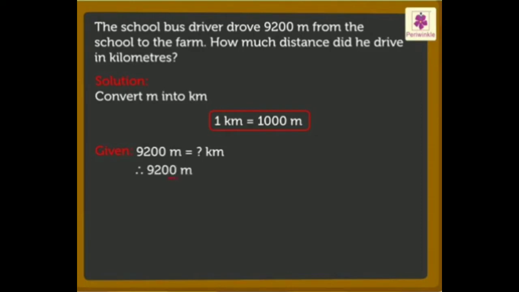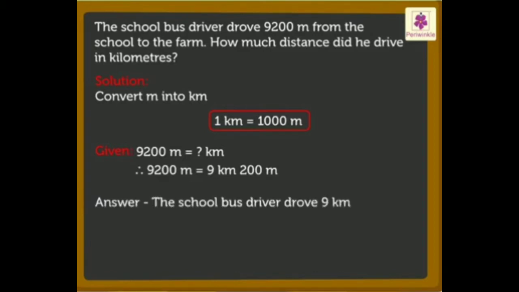Here, the first 3 digits from the right show the meters, that is 200, and the remaining digit shows the kilometer, that is 9. So, 9200 meters is equal to 9 kilometer 200 meters. Hence, the driver drove 9 kilometers 200 meters from the school to the farm.